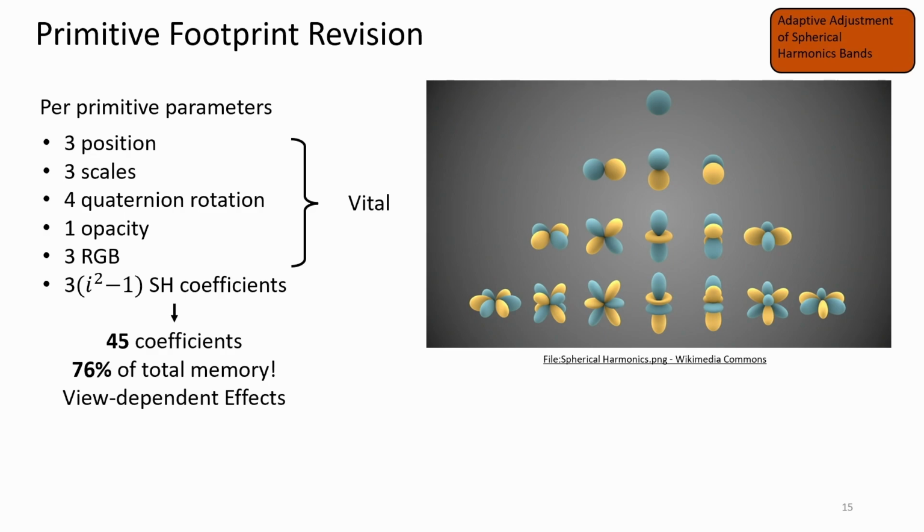So spherical harmonics seem like the obvious candidate if we want to limit the per primitive memory footprint. So our method consists of adjusting the spherical harmonics bands of each point following 2 observations. They're not vital, by the way.